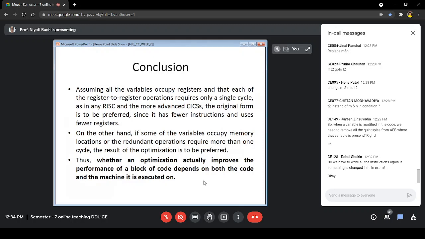You cannot say directly that this optimization will always be helpful or beneficial. This is what we can conclude from the whole exercise of local common sub-expression elimination.